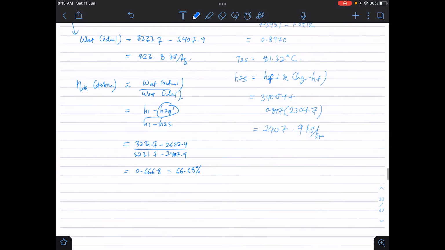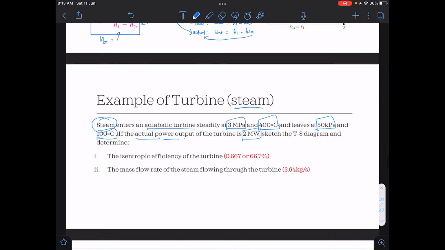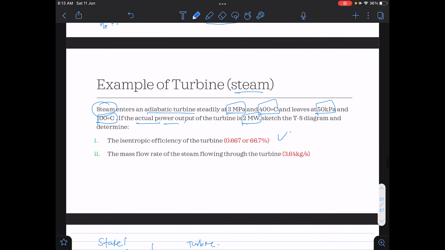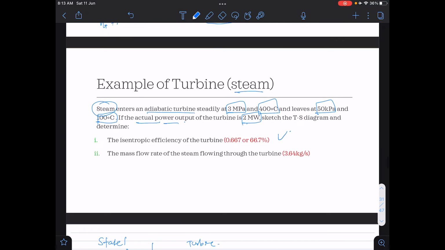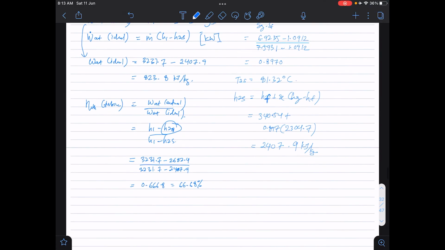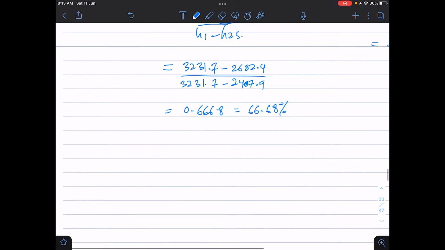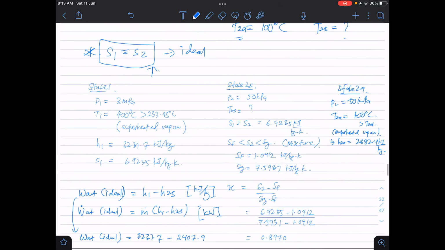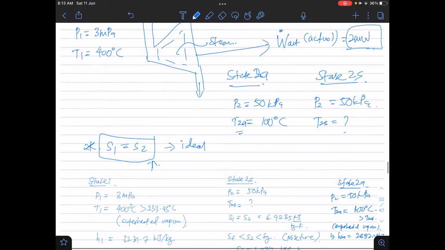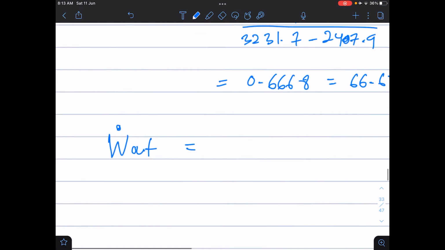Okay, which answered our first question. And the second one, the mass flow rate of the steam flowing through the turbine. So the mass flow rate flowing through the turbine, we can get from the equation W dot out that's now given, for the actual one, as 2 megawatt.